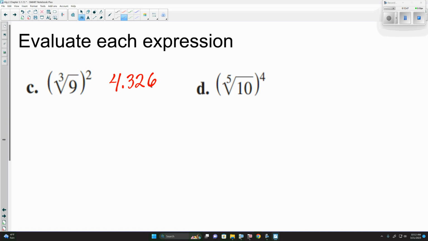Now, if we wanted to write this in rational form, well, the cubed root of 9 is the same as 9 to the 1/3. Now we can multiply our exponents and get 9 to the 2/3, and this would be the same as what we have here.